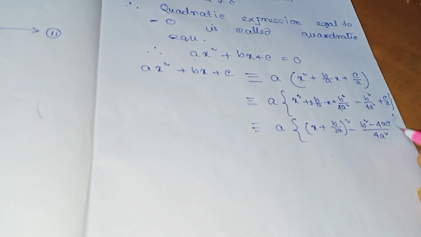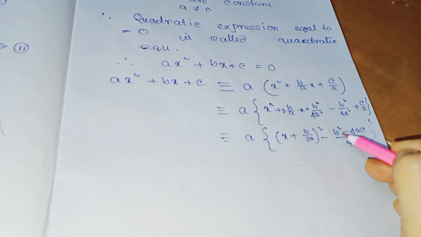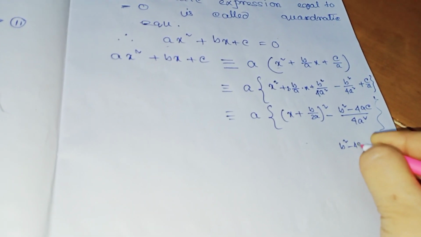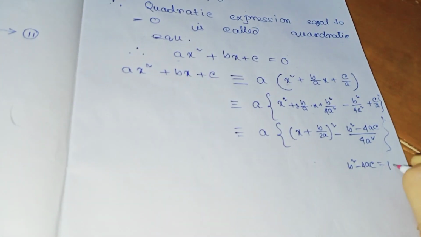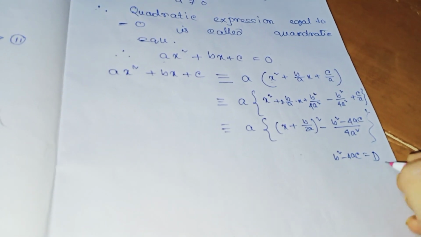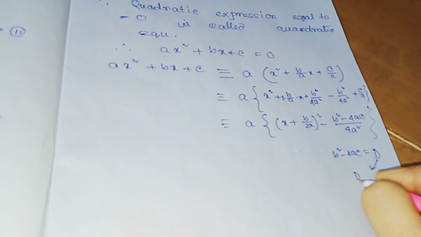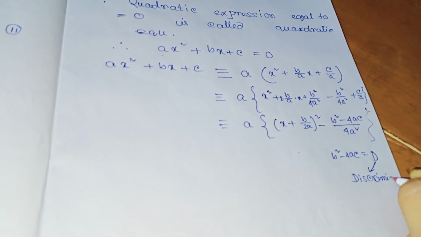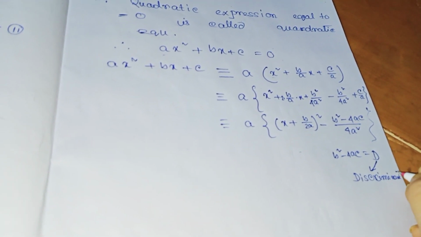Now this is our common known form. We know b square minus 4ac, we may write it as D. What is D? D is the discriminant of a quadratic.